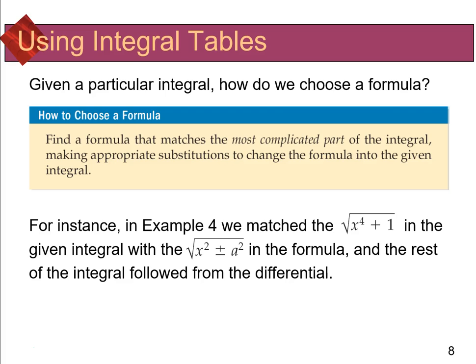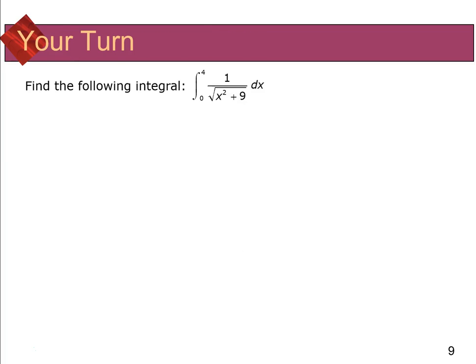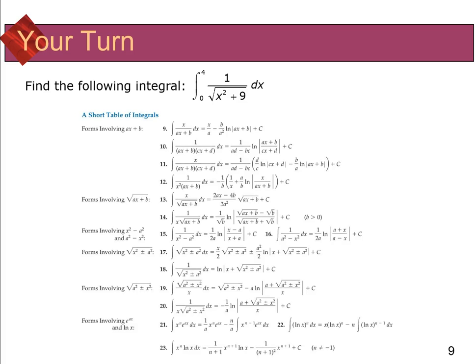So let's walk through a couple. We have this integral from 0 to 4 of 1 over the square root of x squared plus 9 dx. The first question I'm going to pose to you, here is a copy of the table of integrals. Now, 1 through 8 are just basic formulas. 8 is the integration by parts formula. 5, 6, and 7 are the basic formats that we use for substitution.